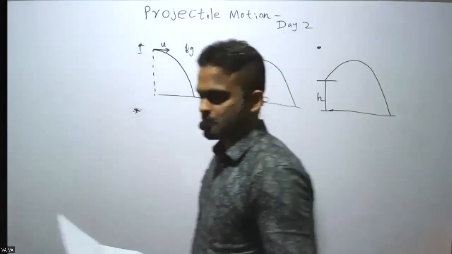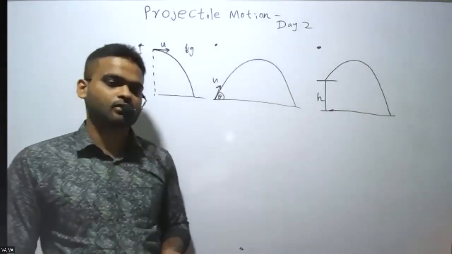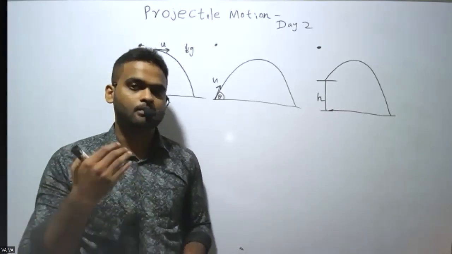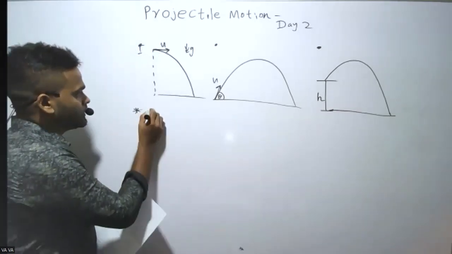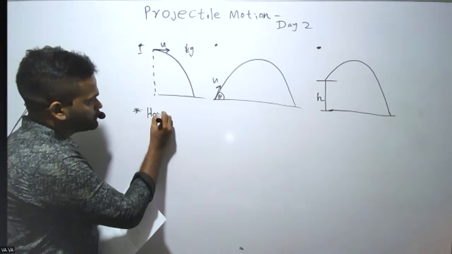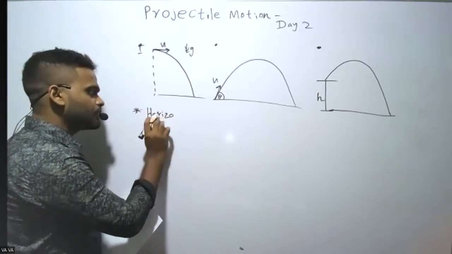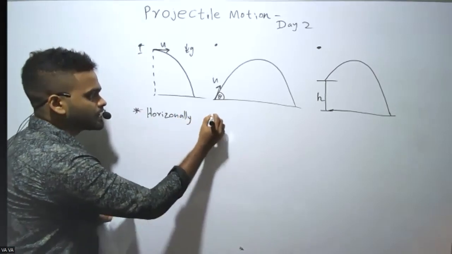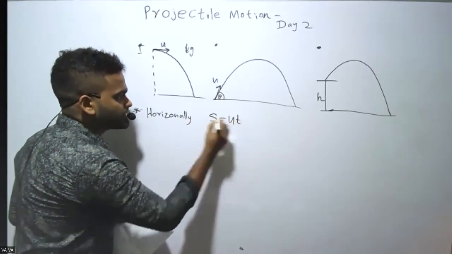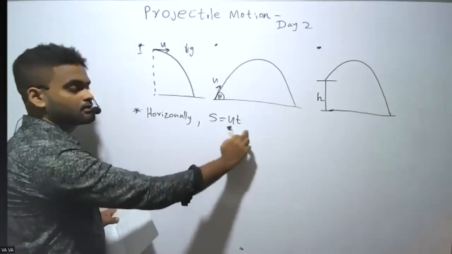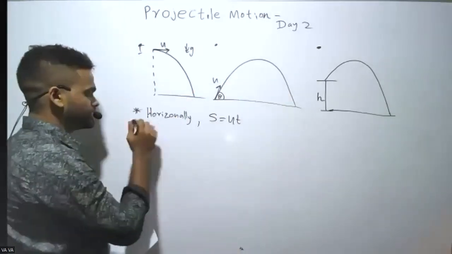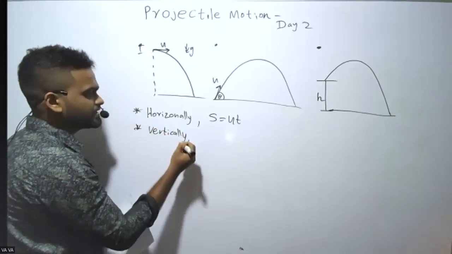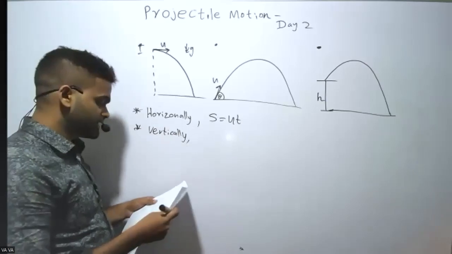So when you're solving problems, this is all you have to do. Whenever you have to solve a problem in projectile motion, you have to apply equations horizontally. This is the only equation that you need to apply horizontally, right? The other one is vertically. Vertically you can apply any of the linear motion equations.